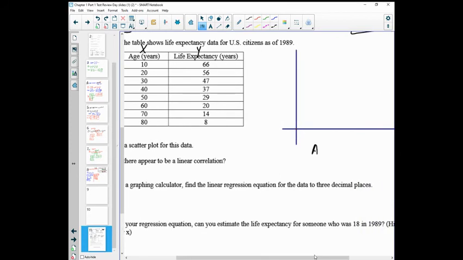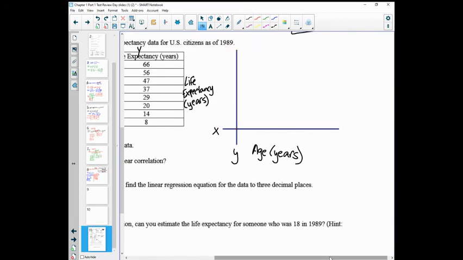So along the bottom here, I'm going to label this age in years. So that's the x-axis. And then the y-axis is life expectancy, also in years. Now we need to decide what intervals we're going to use for the x-axis.